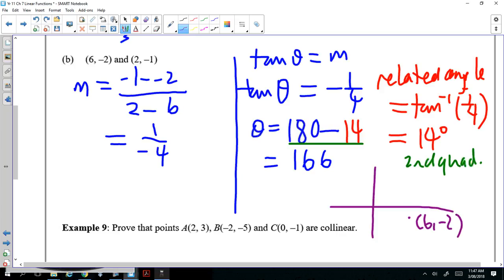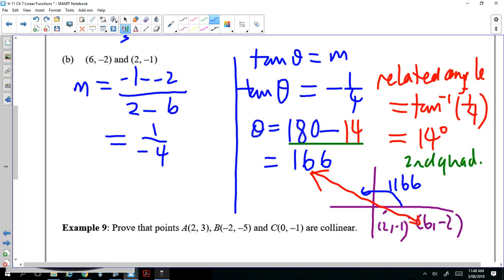That's the line. And the angle we got here was 166 degrees. And the angle you just found, called the related angle, is the 14 here. Does that make sense?